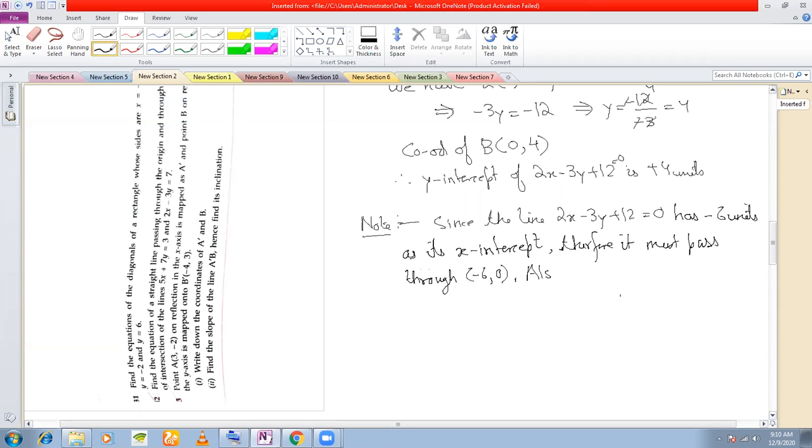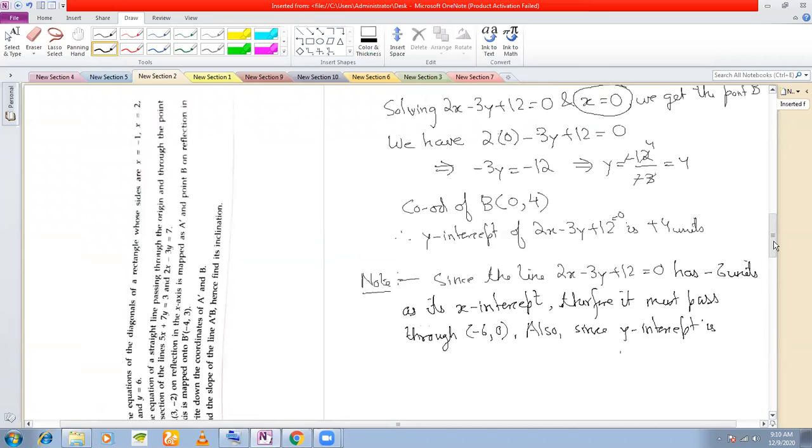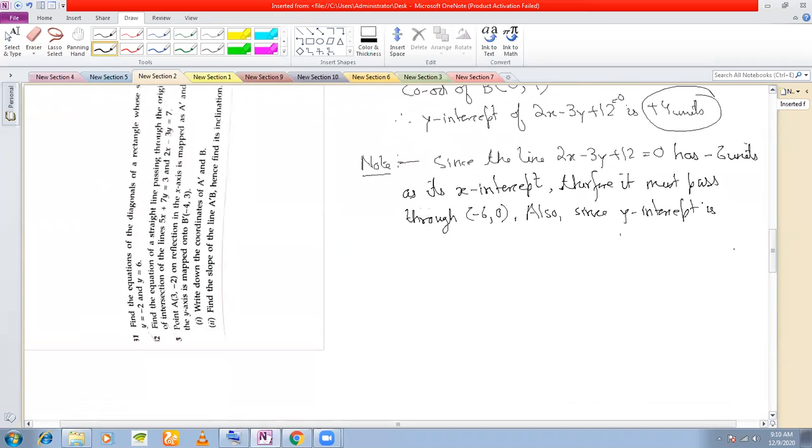Also, since the y-intercept, how much is the y-intercept we have found out? Plus 4 units. Therefore, it must pass through 0, 4.